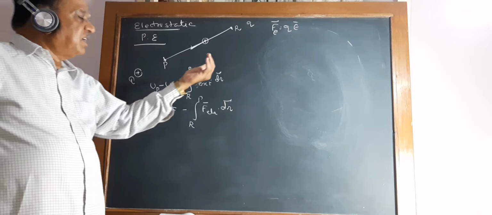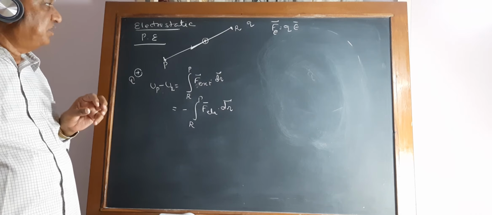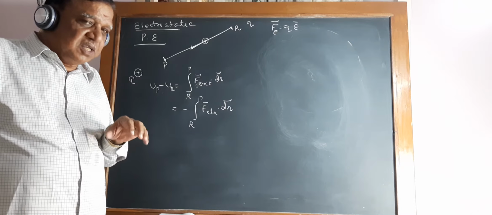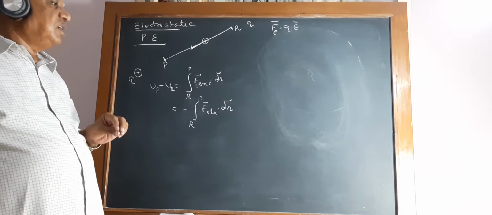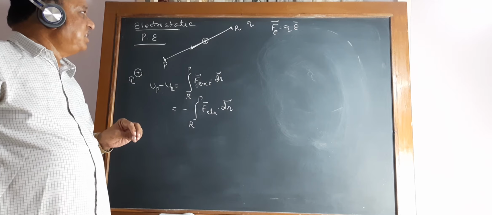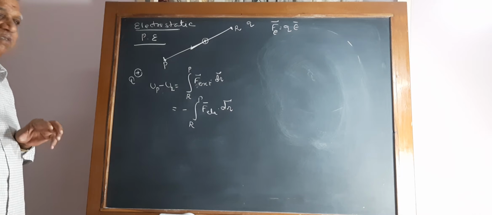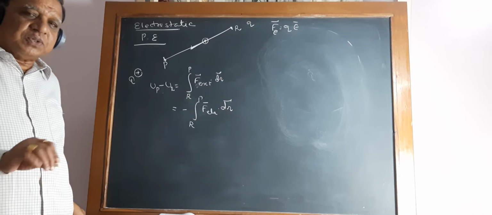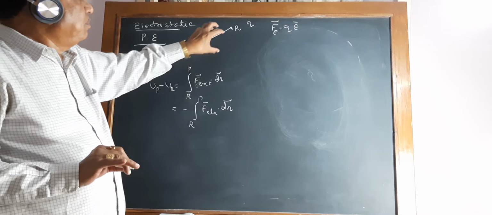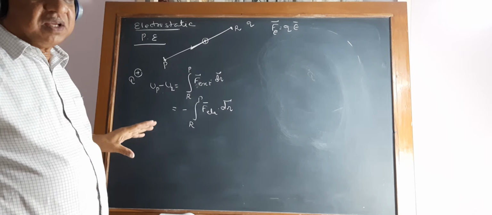When we are doing work against electric force on charge q, this work will be stored in the form of potential energy of the charge. Whatever work done on the charge will be stored in what? Potential energy of the charge q at that point.